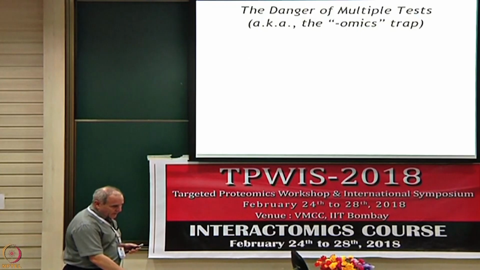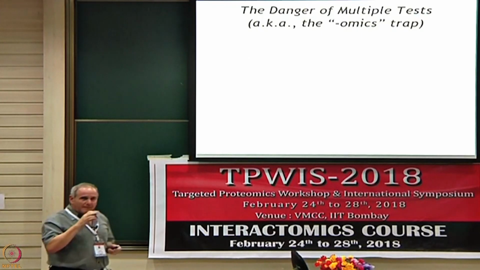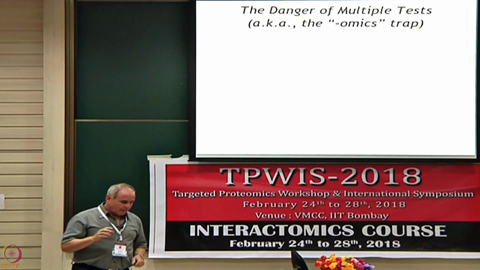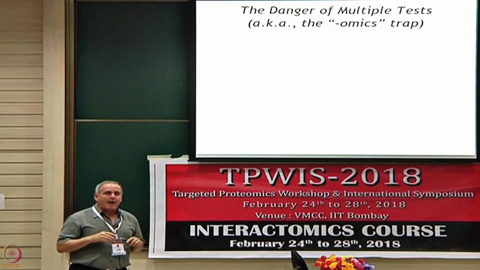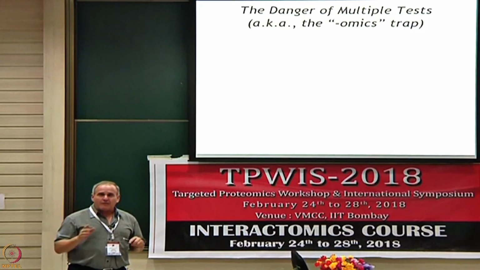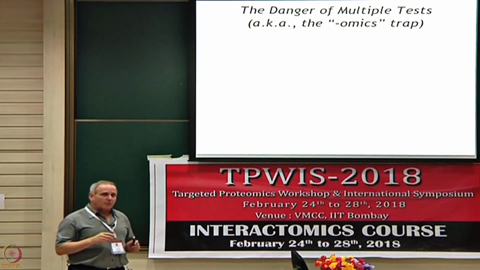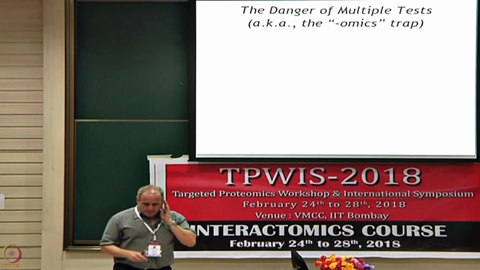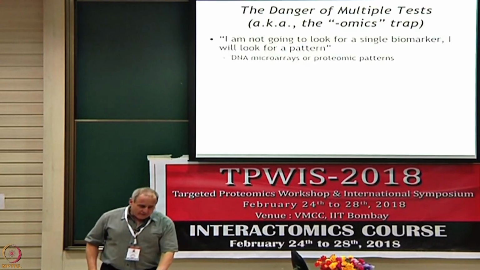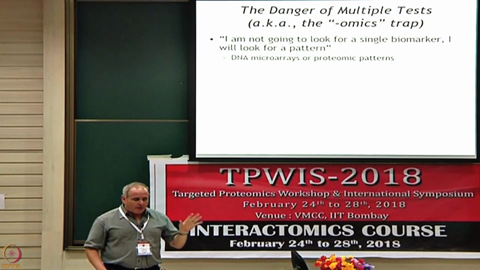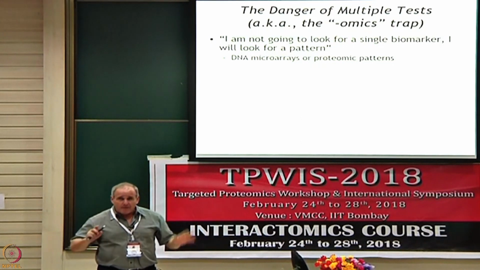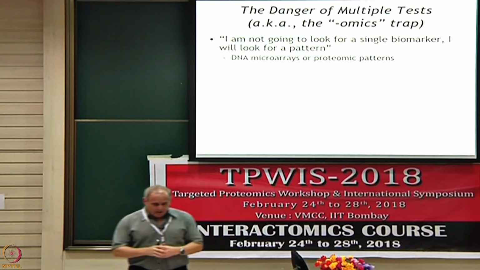All right, that's fair. Now I want to mention, and we're coming to the end here, the omics trap. Many of you are going to be doing omics studies. That's what we all do these days. And you often hear this statement from people in omics studies: I'm not going to look for a biomarker, I'm going to look for a pattern. I'm going to look for a signature.